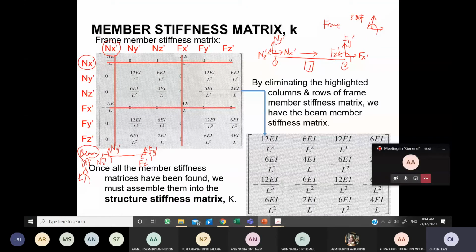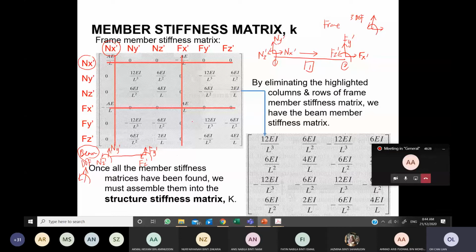For truss, we only have axial effect. We don't have any perpendicular, so therefore I don't draw it here.